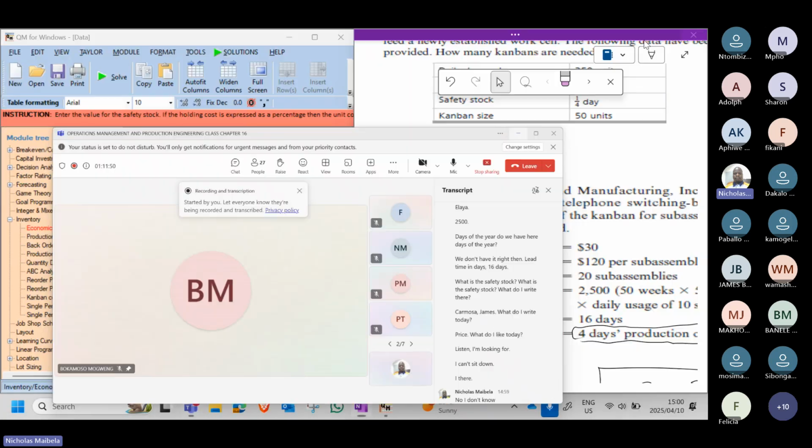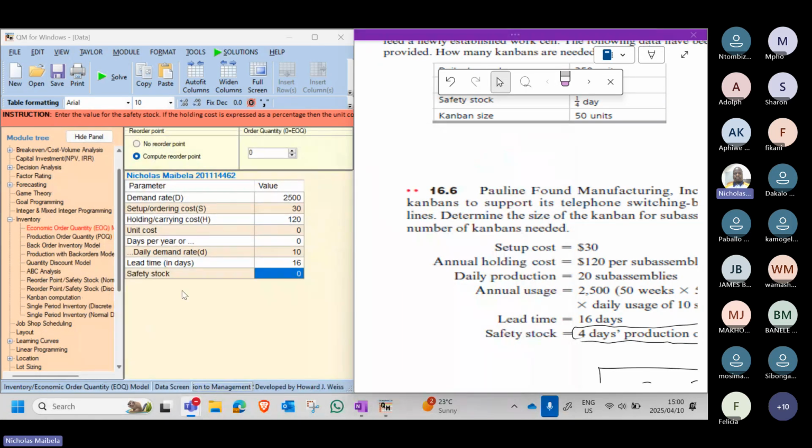It's fine. All right. We write 4 multiplied by 20, which you write your 8 here. Then you click solve.